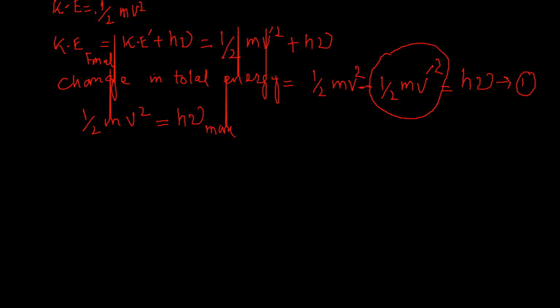So the initial kinetic energy will be equal to the energy of the continuous X-ray photon, and we get a very short wavelength of continuous X-rays. Consider this as equation number 2.